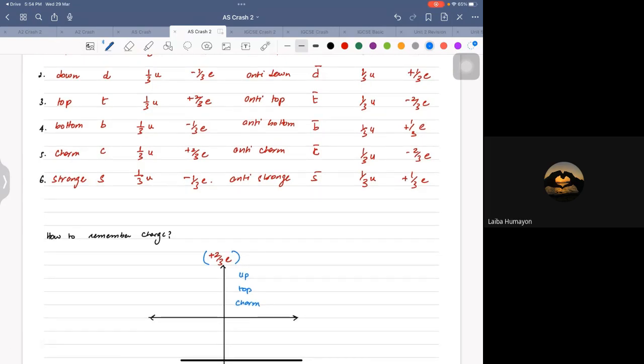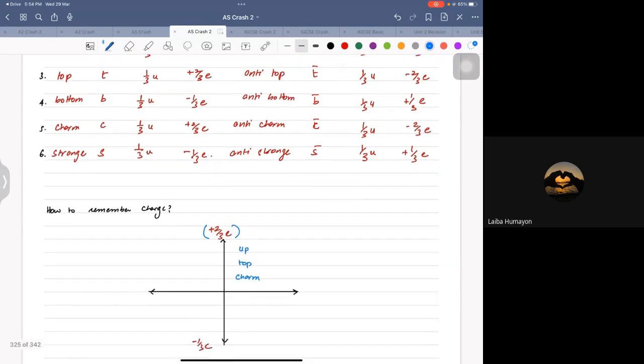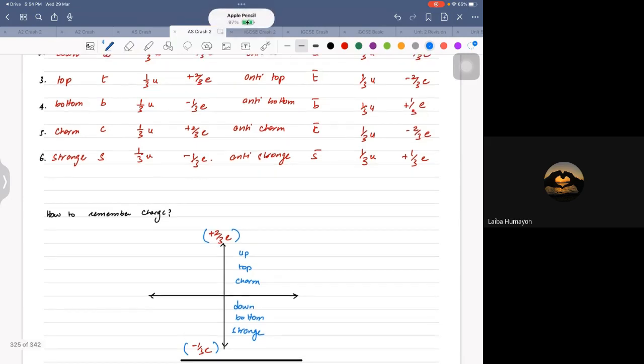If you look at the other three, down, bottom, and strange, they're all negative sounding words. So I remember that they're negative 1 by 3, like that. I don't need to rectify anything here. You get it? And obviously all of them have the same mass, which is 1 by 3 U. That you need to remember.